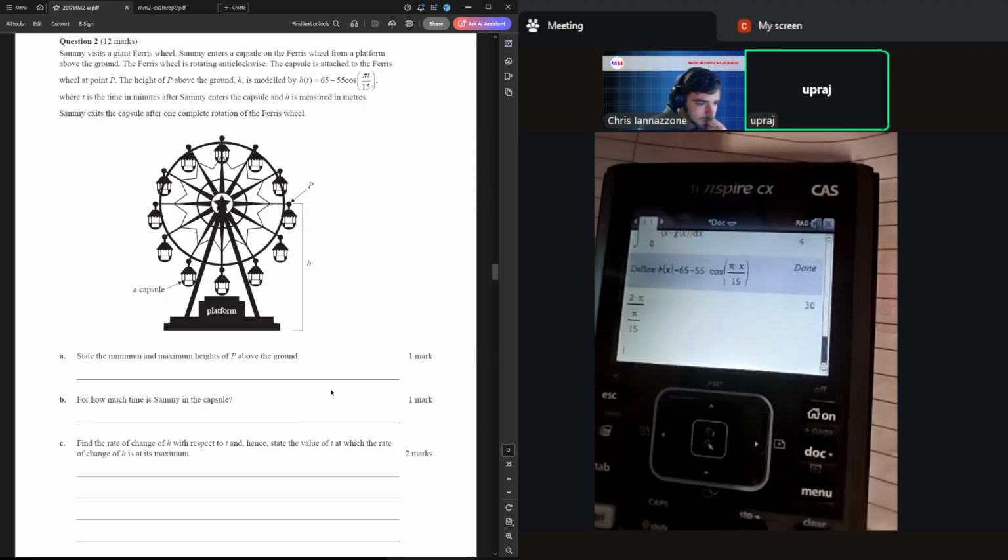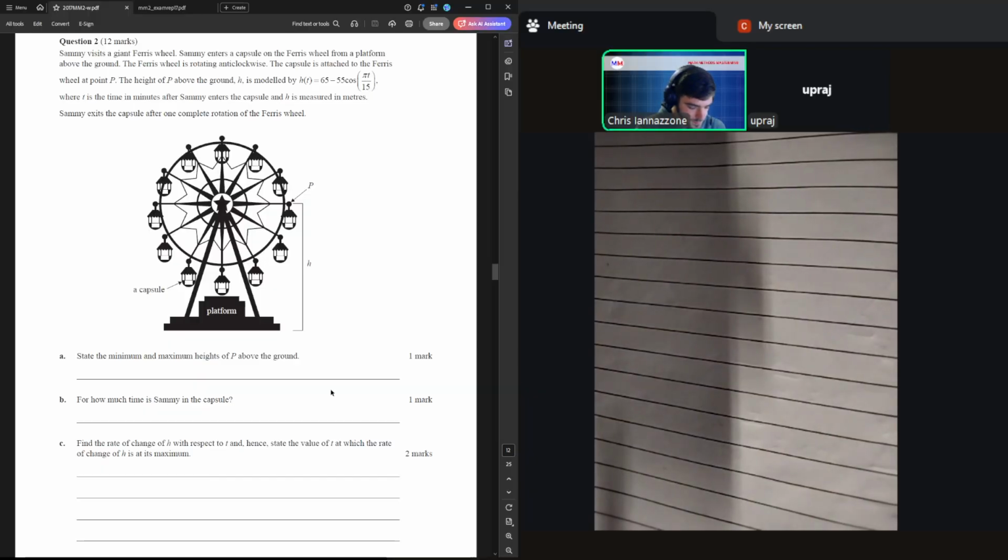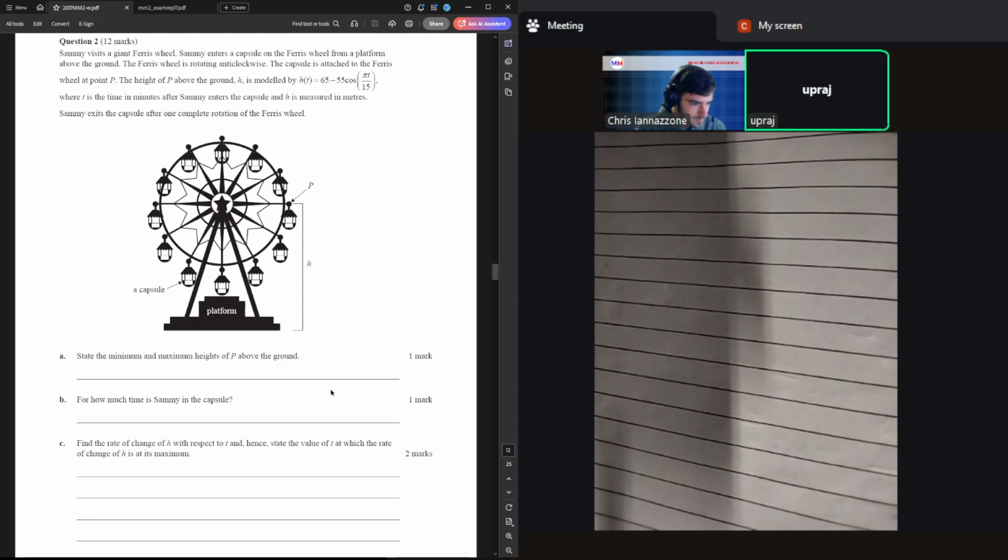That's definitely going to be one part of it. And hence state the value of t at which the rate of change of h is at its maximum. So when you get that diff, you want to look at its turning points, I guess. Yes, right.